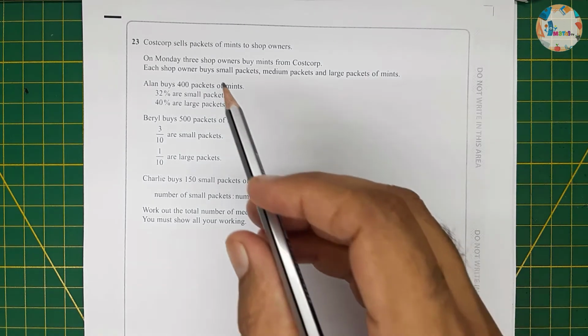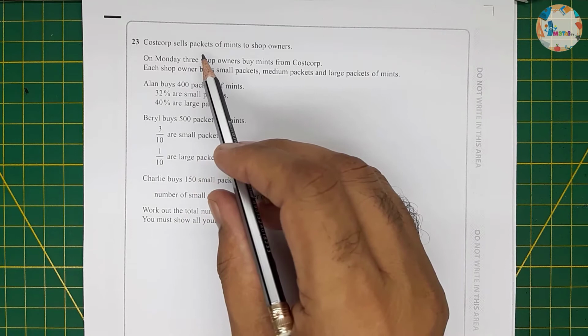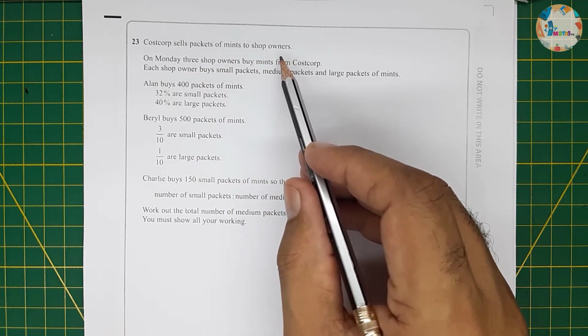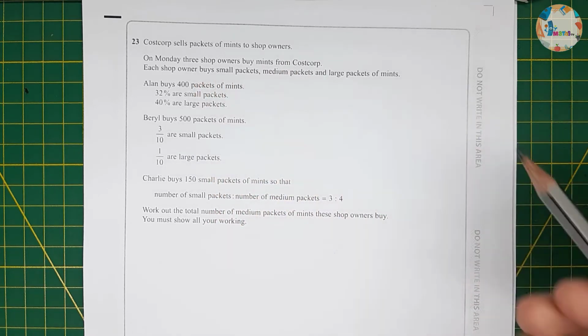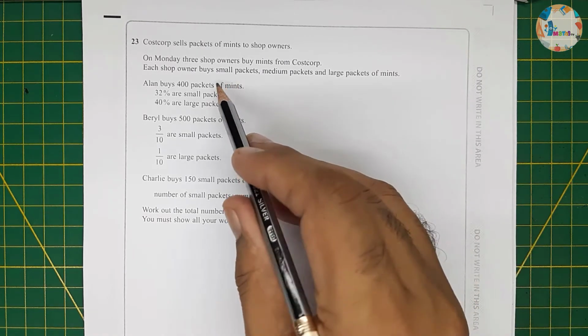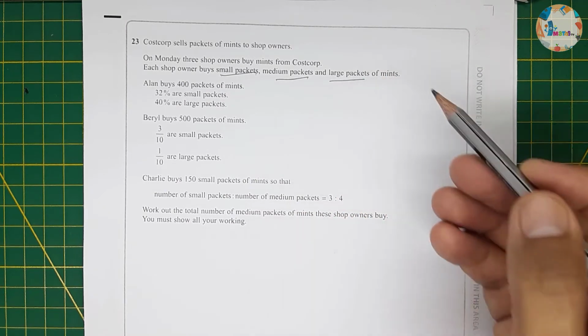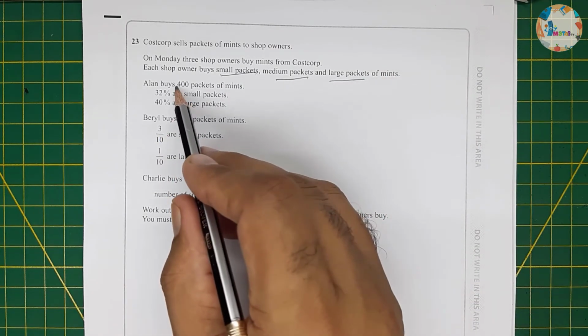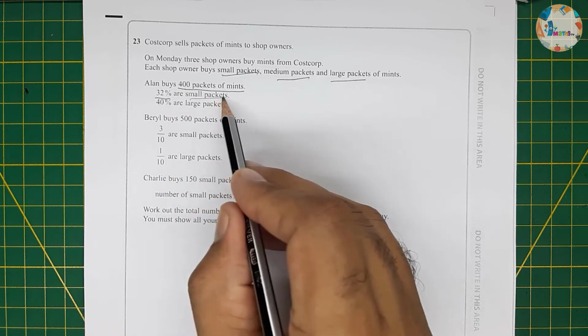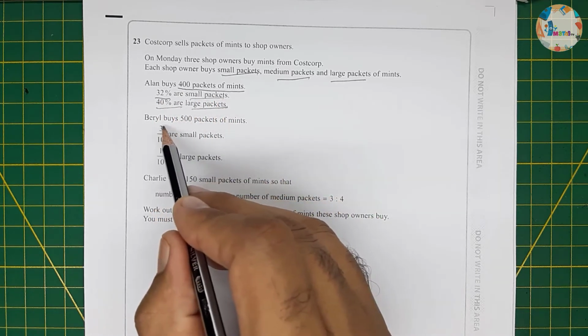Now question number 23. Cost Crop sells packets of mints to shop owners. On Monday, 3 shop owners buy mints from Cost Crop. Each shop owner buys small packets, medium packets, and large packets of mint. Alan buys 400 packets of mint. 32% are small, 40% are large.